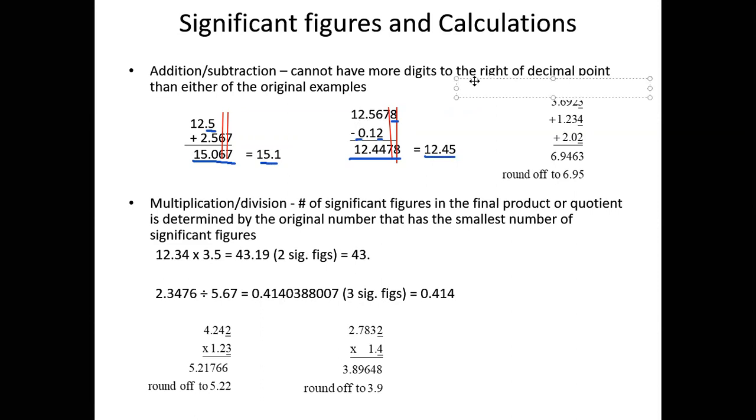So let's say we want to do this operation, 50 plus 4.57 plus 2.300.